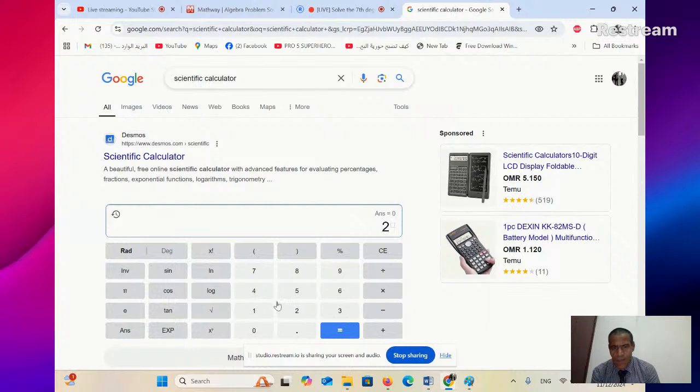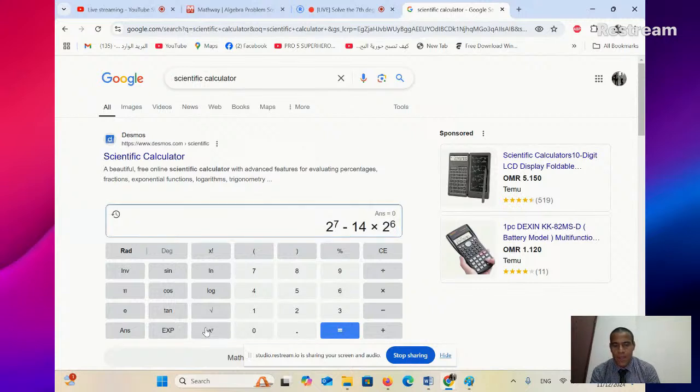Minus 14 x raised to minus 2, multiply by 2 raised to the power 6.